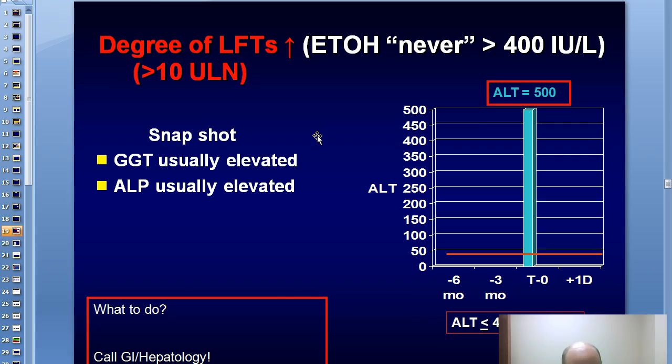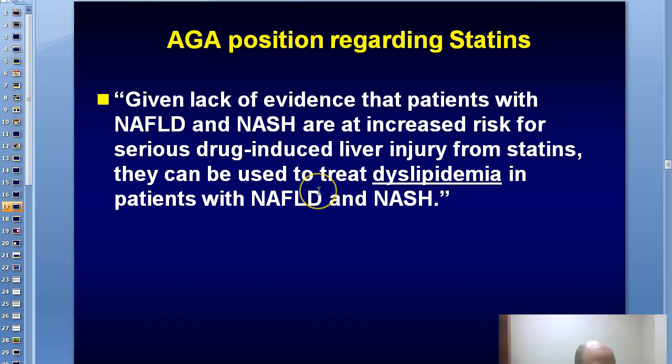All right. However, we establish that, as we talked about, by putting jelly on the belly and figuring out that you get fatty liver disease. So if somebody comes in and they're on a statin and they have elevated LFTs, you don't know what's causing those LFTs to be elevated.